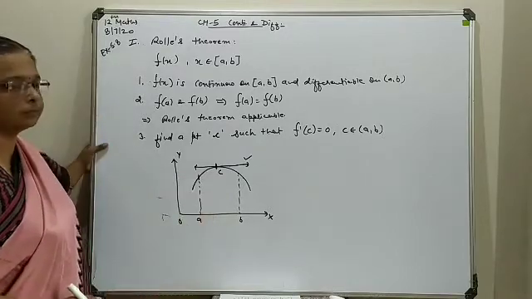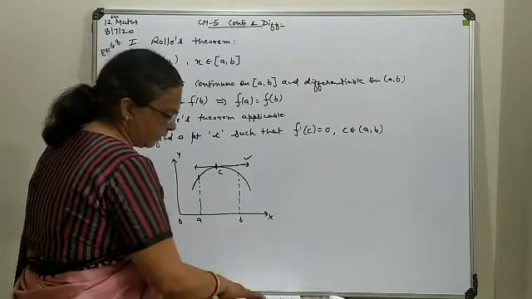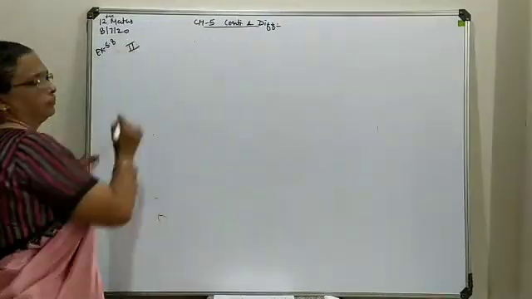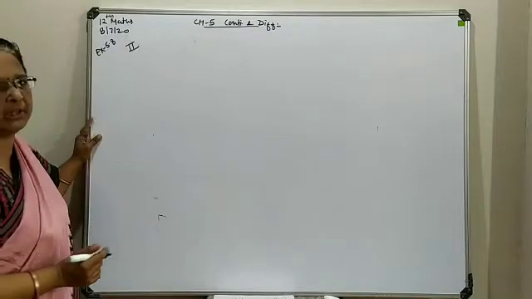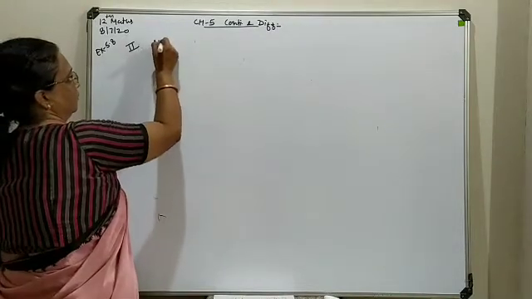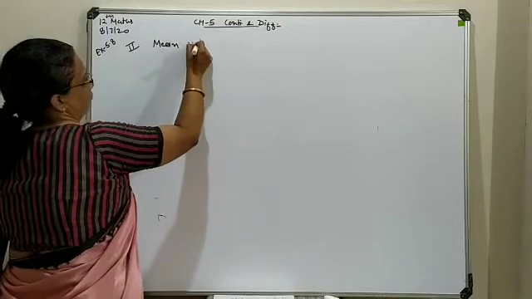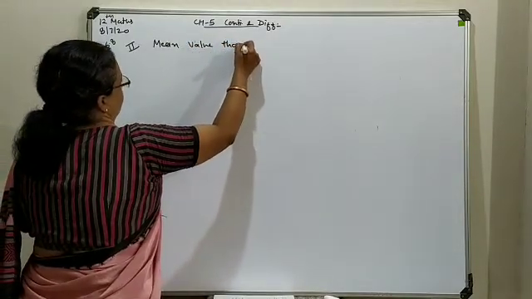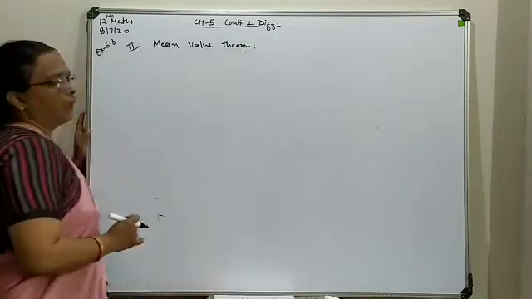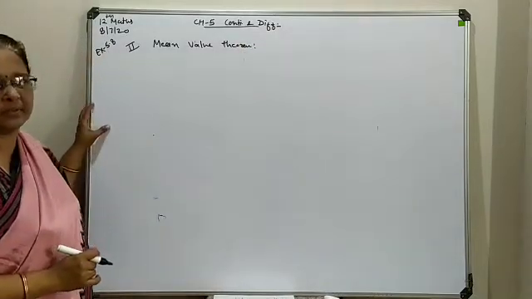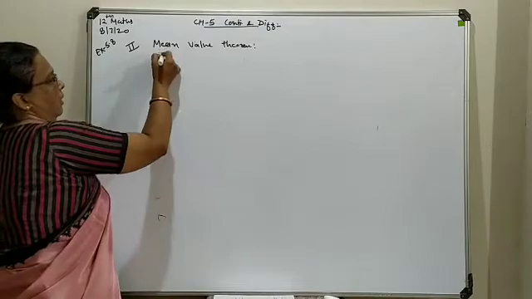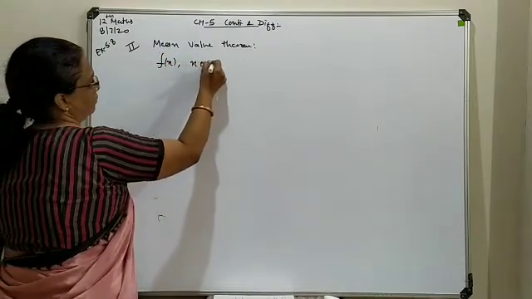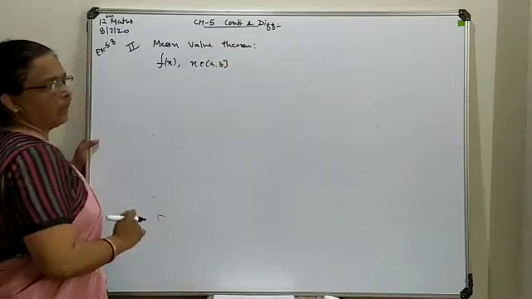Now move to the other theorem, that is the mean value theorem. Here also the basic steps remain the same. First, your f(x) will be available to you with a certain range a and b.